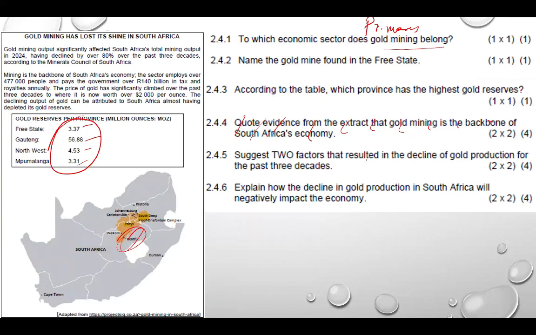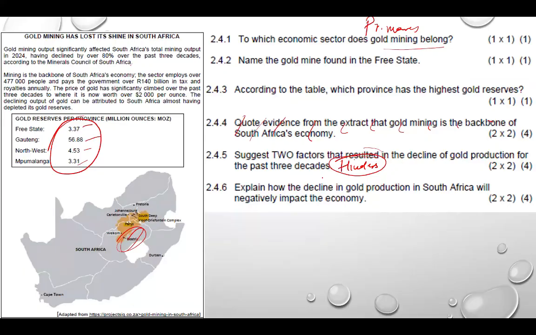Suggest two factors that resulted in the decline of gold production for the past 3 years. So this one is factors that hinder gold mining, but in this case, it will be according to the extract. State two factors that resulted in the decline.